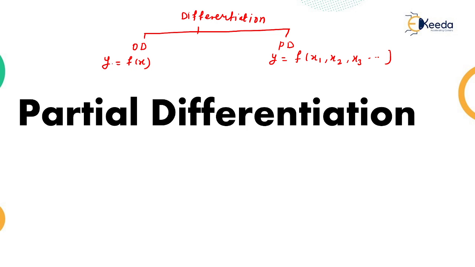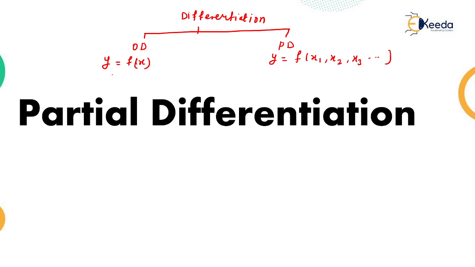When we differentiate the function y is equal to f of x, it contains only one independent variable. We observe y is f of x, so x is the independent variable and y is the dependent variable. It means if we change the value of x, the value of y automatically changes.